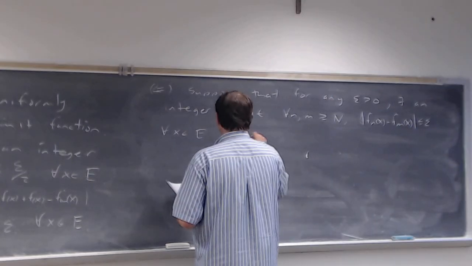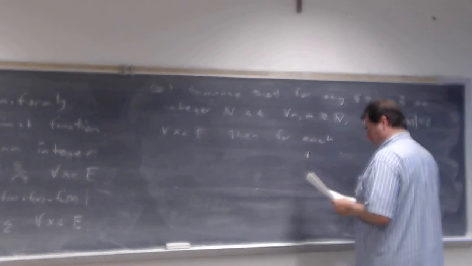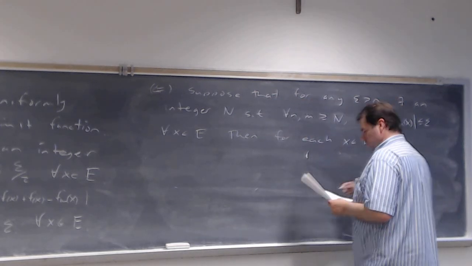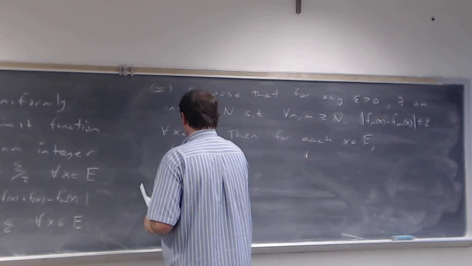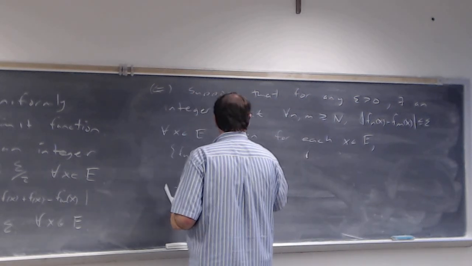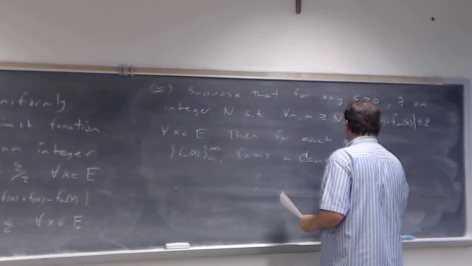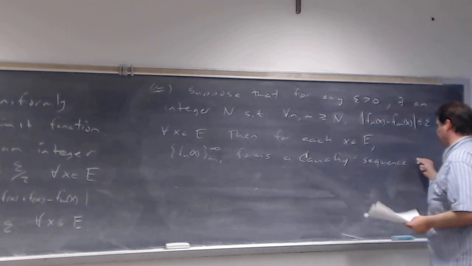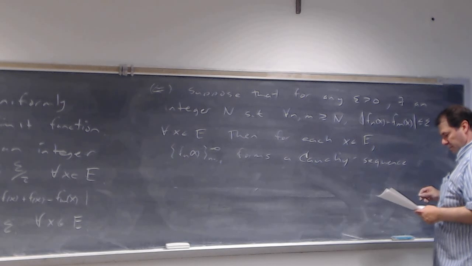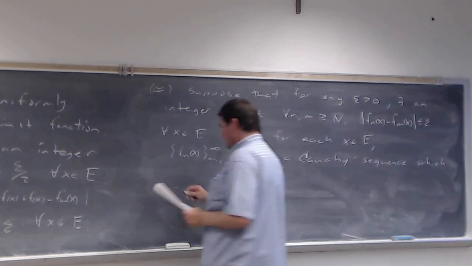Then for each x in E, the sequence f sub n of x forms a Cauchy sequence of complex numbers. Okay, Cauchy sequence of numbers, which converges.